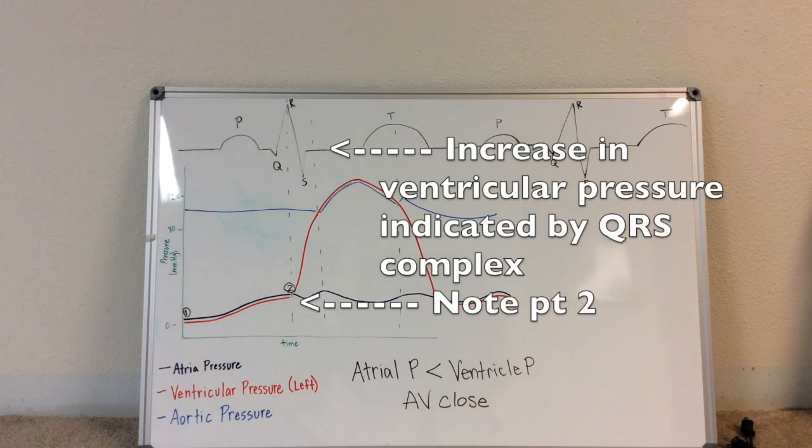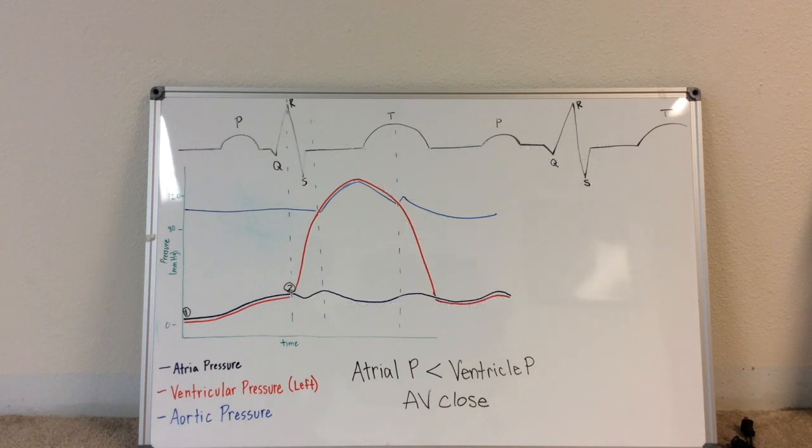From the graph that we see here, you can see that the heart begins to contract at point 2, which is indicated by the QRS complex. The QRS complex on our EKG indicates ventricular contraction. The contraction of the ventricles causes that AV valve to close.